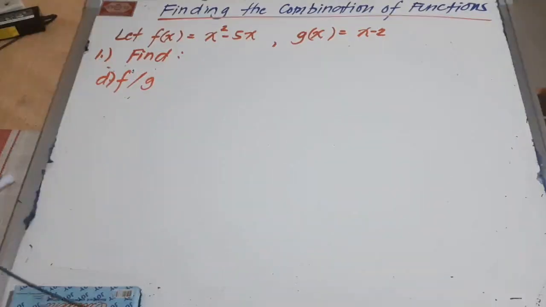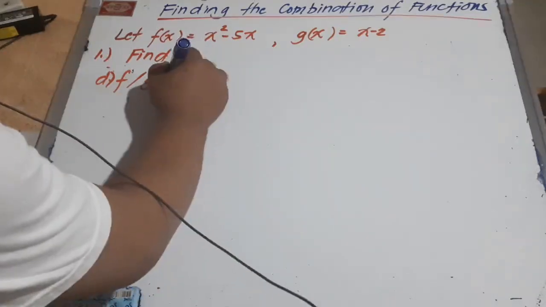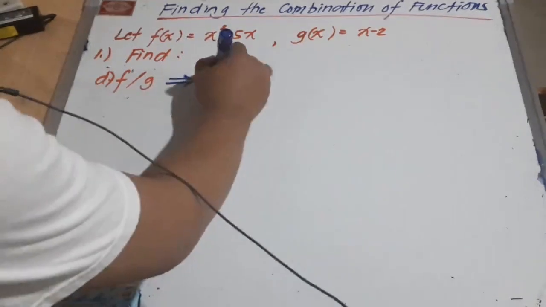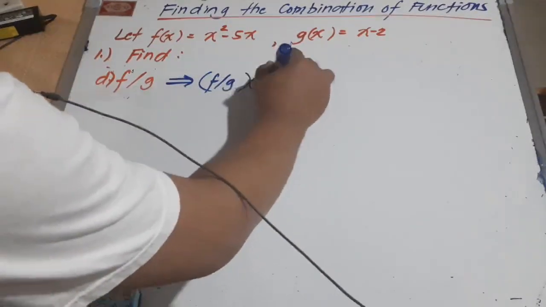So we have example 1D, and the letter D is division of functions. So we have f slash g as our notation in dividing two functions. Since we're referring again to functions in terms of x, so f slash g of x ang gagamitin natin.